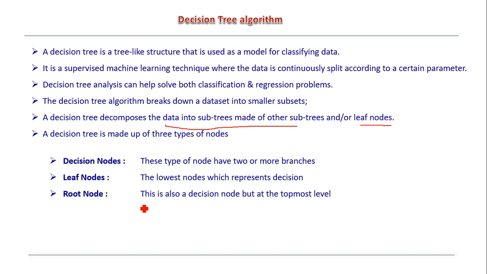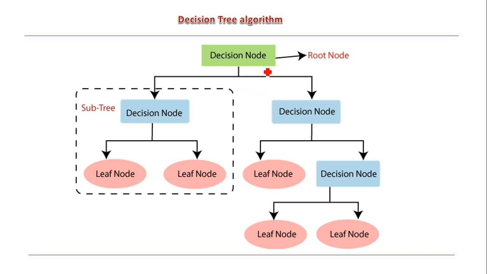The root node is also a decision node, but at the topmost level. Let's see the diagram, you can understand it easily. Here the decision node is a root node. This is my root node, the topmost node in the tree structure. This is a subtree, a decision node, which again decomposes into a left node and a right node, the two leaf nodes.